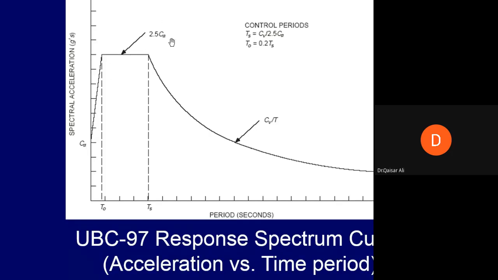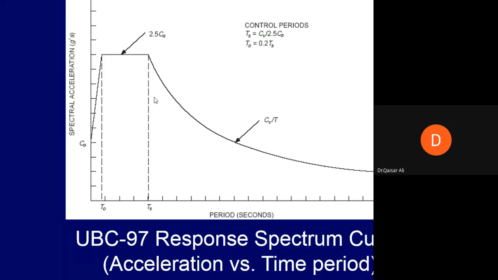So 2.5 CA is in fact the amplified acceleration, or spectral acceleration. And this is the maximum acceleration that you can get on the response spectrum curve, because for the development of this response spectrum curve, as I said in the last lecture, most of the time the near field seismograms are used.